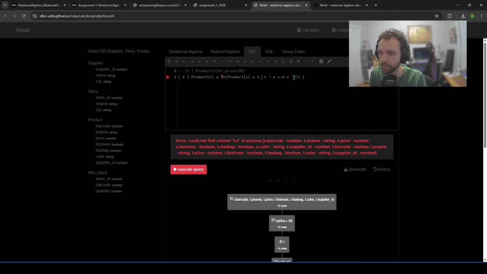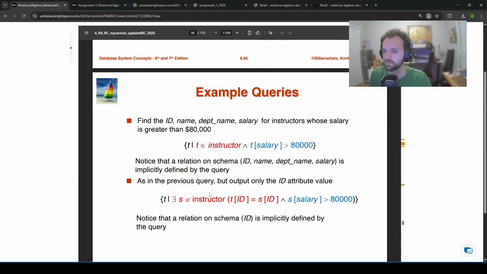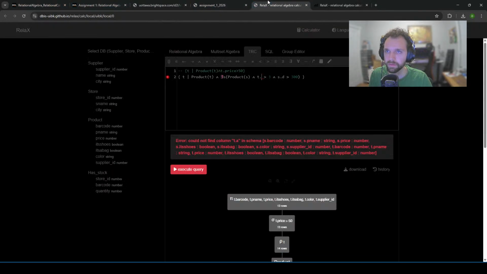T dot. What do we have here? ID is equal to T dot ID. Yep, T dot barcode is equal to S dot barcode. And S dot price is greater than 50.